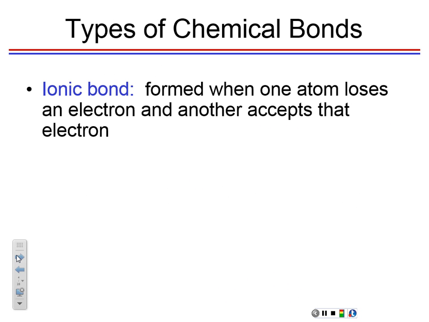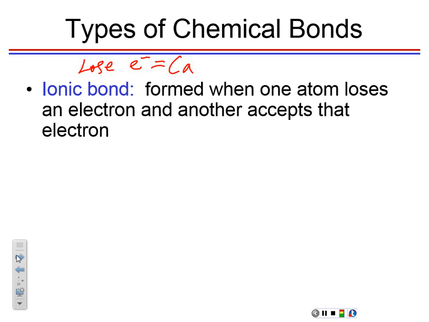The ones that lose an electron are called what? If you lose an electron, what kind of charge do you have? Cation. If you lose an electron, because it's negatively charged, you're going to be positively charged, and it's a cation, right?